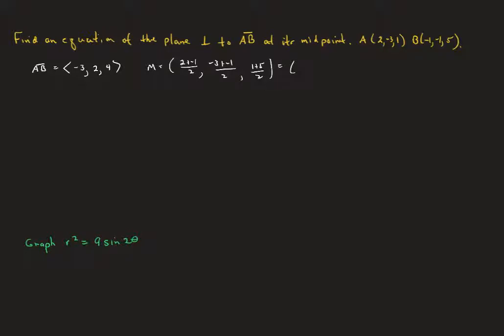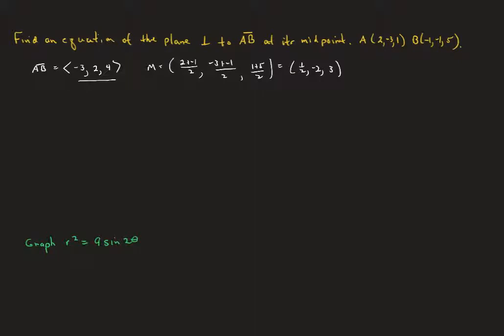So that point is going to be 1/2, and negative 4 divided by 2 is negative 2, and 6 divided by 2 is 3. Now our plane we want perpendicular to AB. That means that AB is also perpendicular to our plane. And so that is going to serve as our normal vector right there.